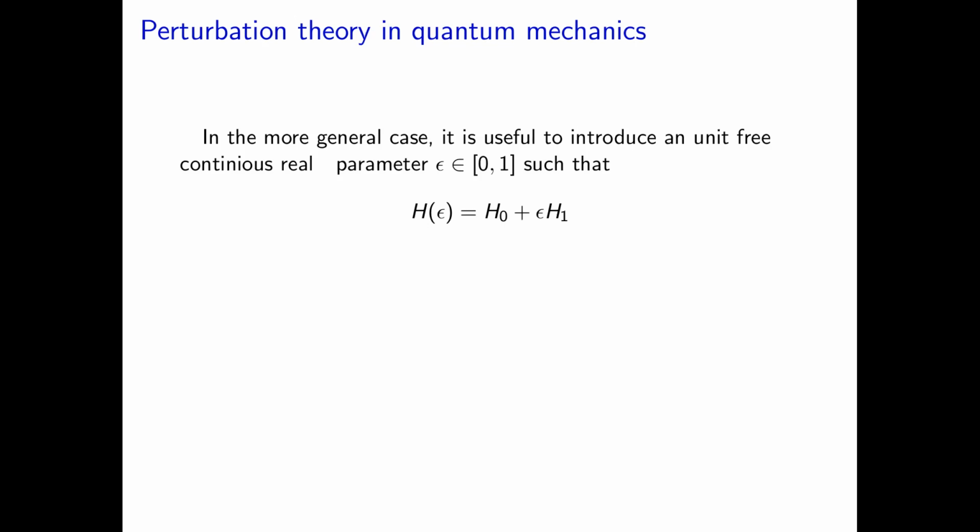You are just splitting the problem into two halves, and putting a knob in front of the problem which you cannot solve. The knob can be dialed to 0, then H epsilon becomes H naught, which is the problem you can exactly solve, and then you can dial the knob to epsilon equal to 1 to reach the actual problem.